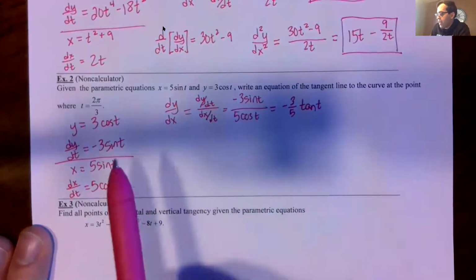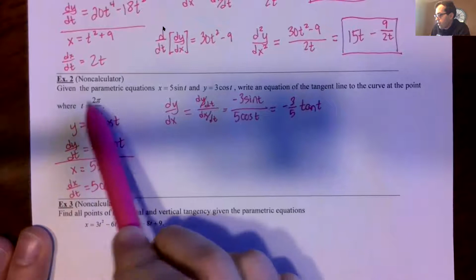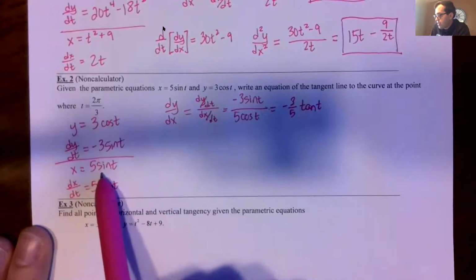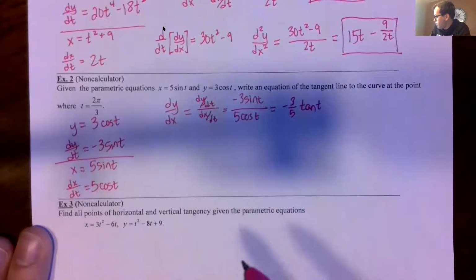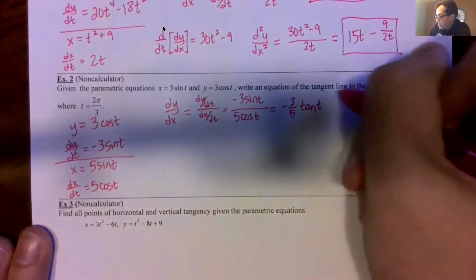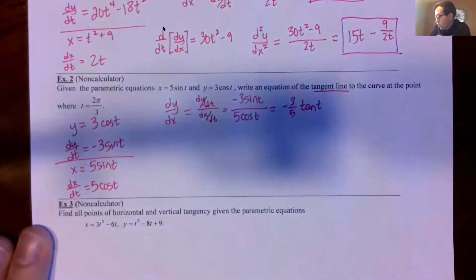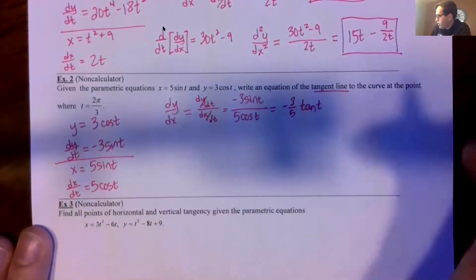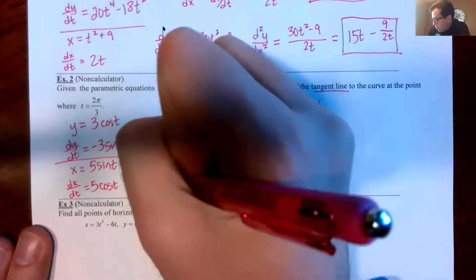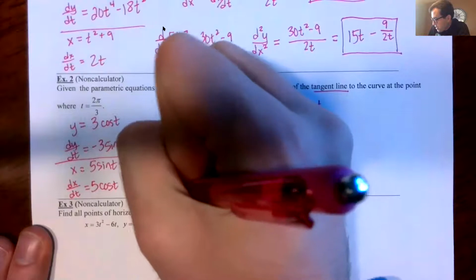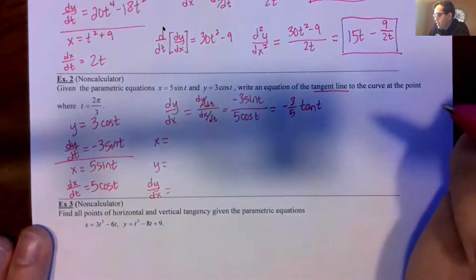Okay, so now we have, all in terms of t, an x equation, a y equation, and a dy/dx. So now what we need to do is find the point and the slope of this tangent line. And to do that, we're going to plug 2 pi over 3 into all of these equations. So we have to figure out x, we have to figure out y, and we have to figure out dy/dx, all when t is 2 pi over 3.